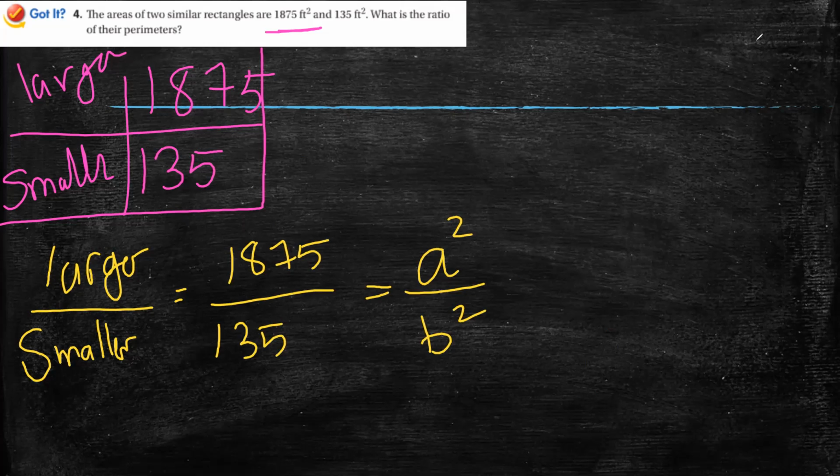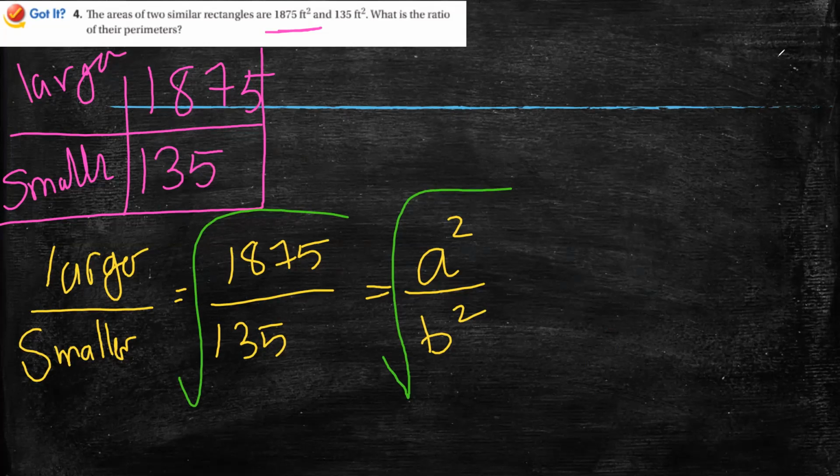To find A over B, what we have to do? You have to take the square root of 1875 and the square root of 135. So then you can find it. By the way, sometimes don't use the calculator.